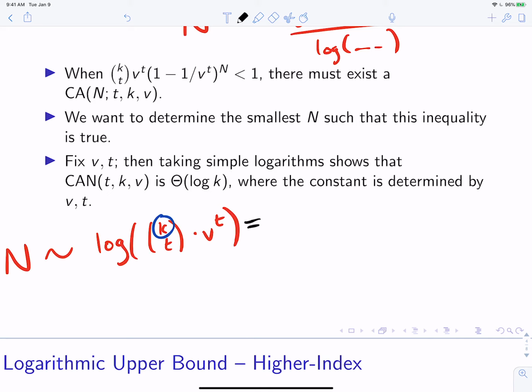So this is the same thing as saying log of k choose t plus log of v to the t. How does the log v to the t simplify? Yeah, t log v. So that's no problem.